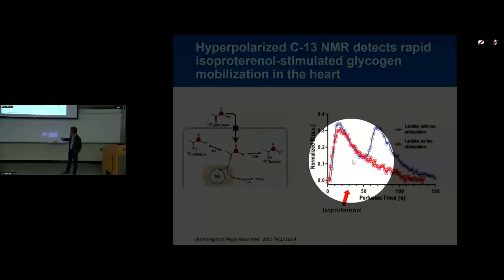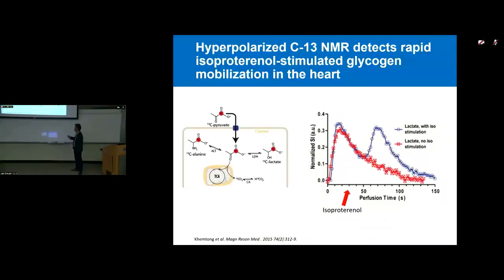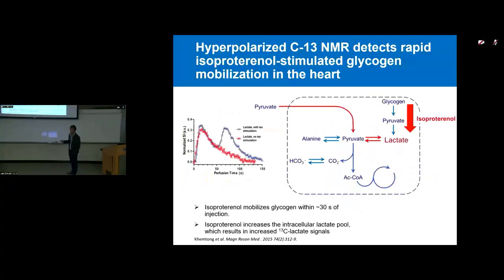Why is there a lactate increase? We did a lot of other studies using non-hyperpolarized C-13 experiments. We injected the heart with carbon-13 labeled glycogen, and that was one of the last experiments we did. What we found was that when you stimulate the heart with isoproterenol, the energy demand increases so much, and being an isolated perfused setup, you don't have circulating nutrients provided to the heart. So the heart resorted to mobilizing glycogen to produce sugar.